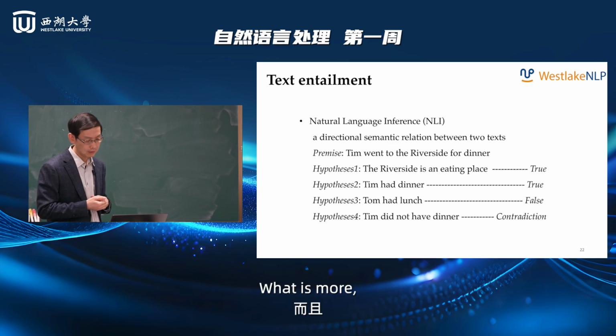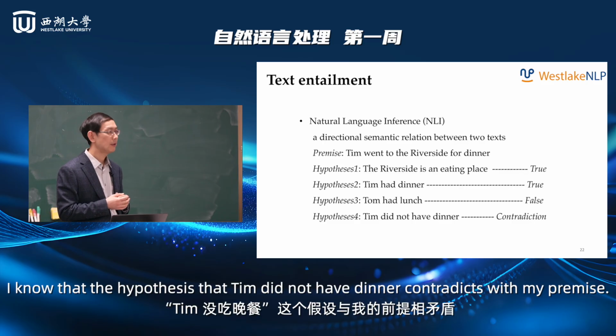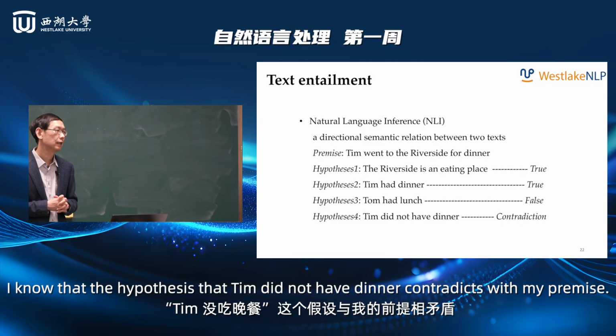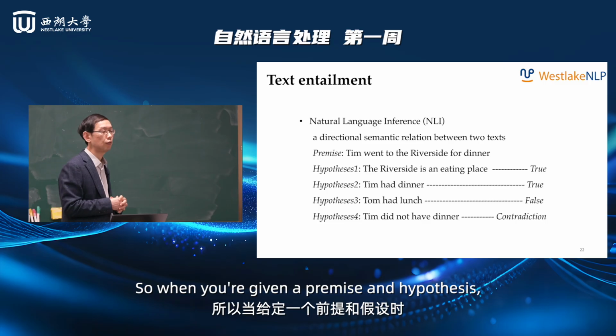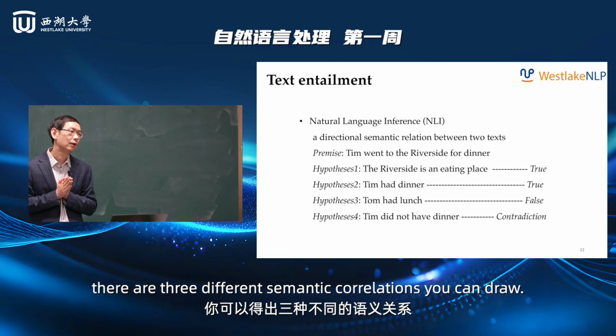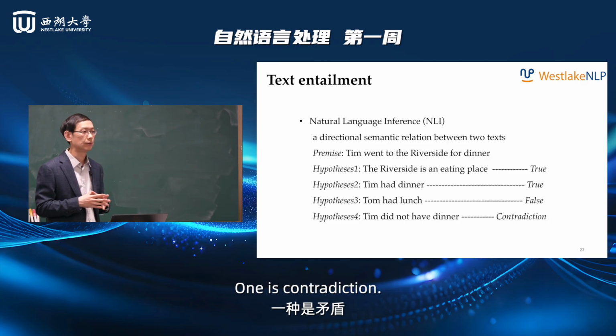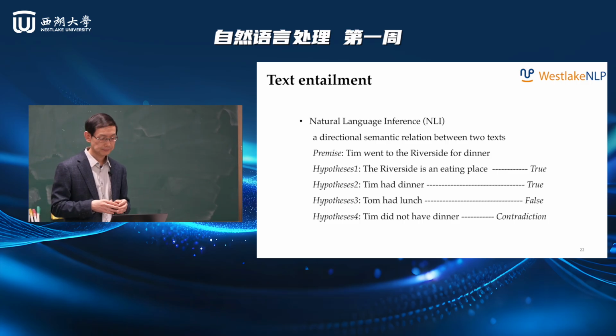What is more, I know that the hypothesis that Tim did not have dinner contradicts with my premise, okay? So when you're given a premise and a hypothesis, there are three different semantic correlations you can draw. One is entailment, one is neutral or irrelevant, one is contradiction, right?